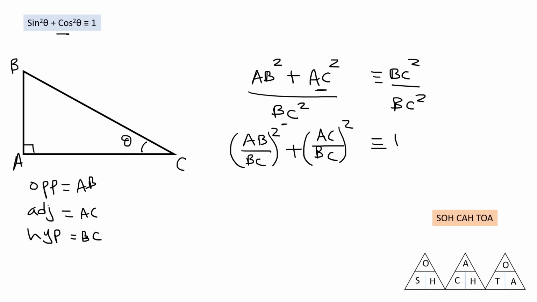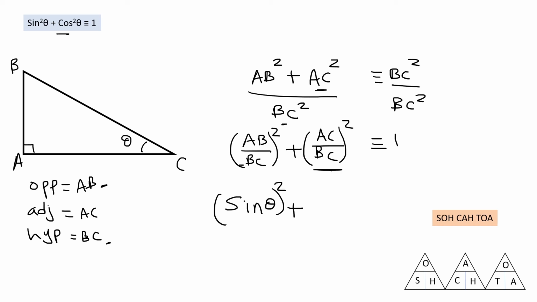Now AB is opposite, BC is hypotenuse. So what is opposite divided by hypotenuse? That is sin theta. AB over BC is sin theta, whole thing squared.